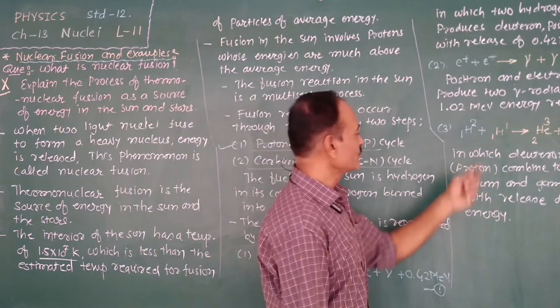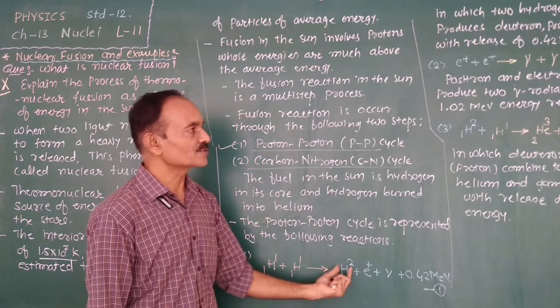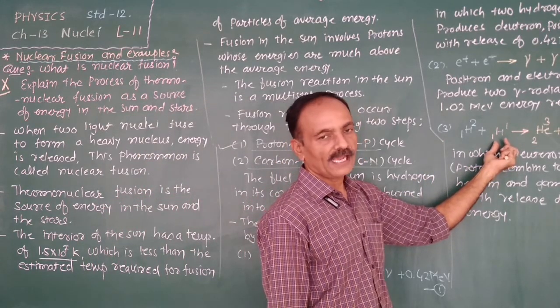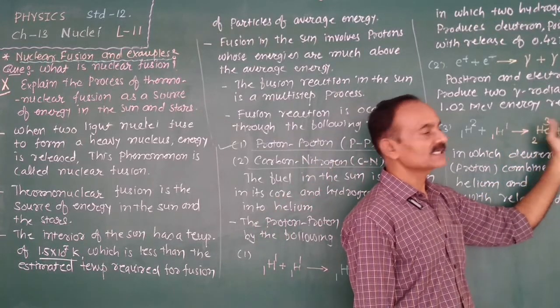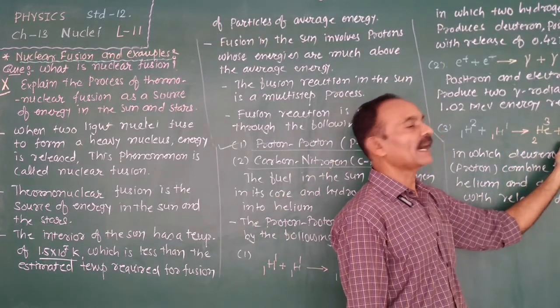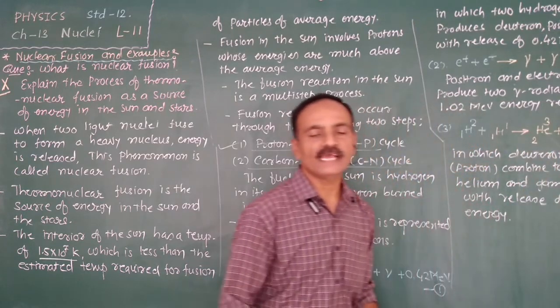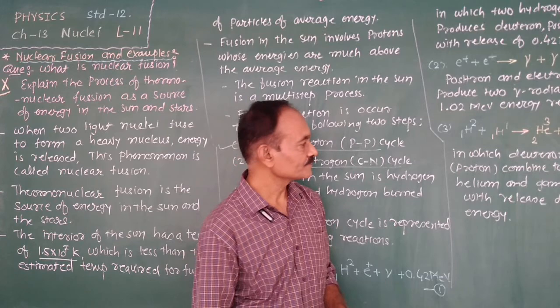And this deuterium ₁H² again combines with hydrogen, that means a proton, to give a light helium nucleus plus gamma radiation, and 5.49 MeV energy is released.